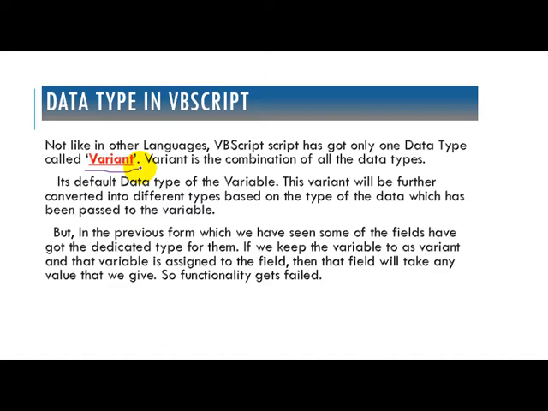So string, numeric, boolean, date, object, null, all of these become subtypes of the variant, not the main types. Remember, in other languages these are the main data types, but in VBScript the main data type is a subtype.